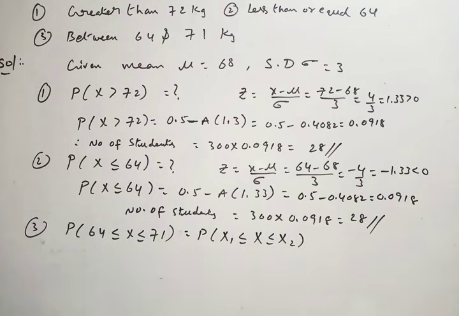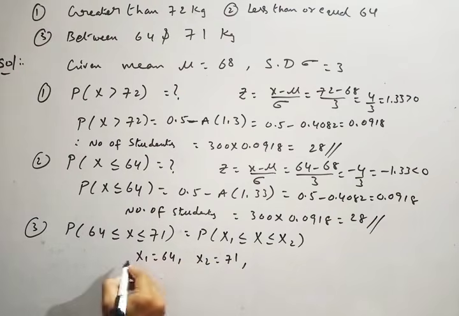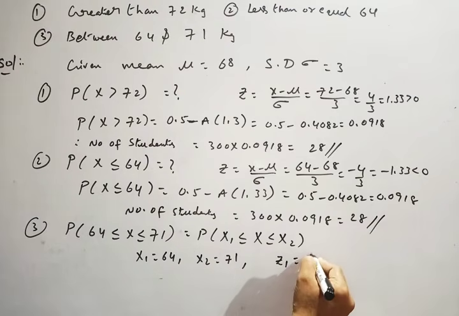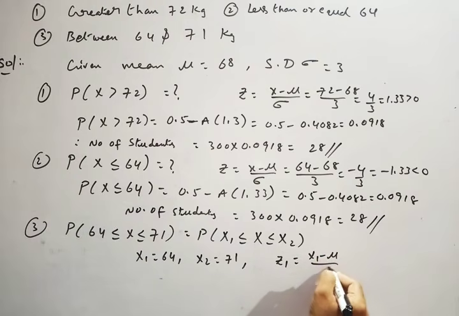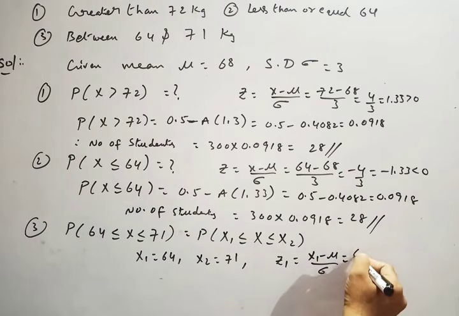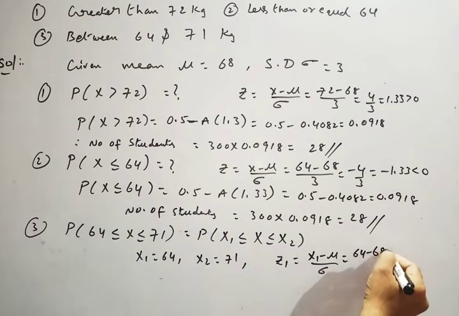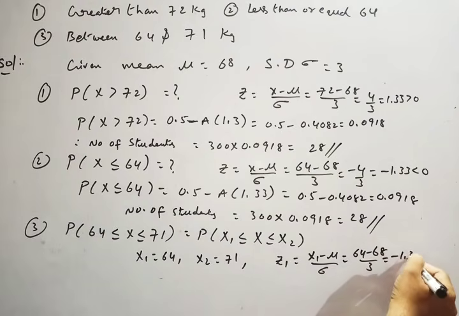So X1 is 64 and X2 is 71. So calculate Z1. Z1 is equal to X1 minus mu by sigma. 64 minus 68 by 3 will give you minus 1.33.